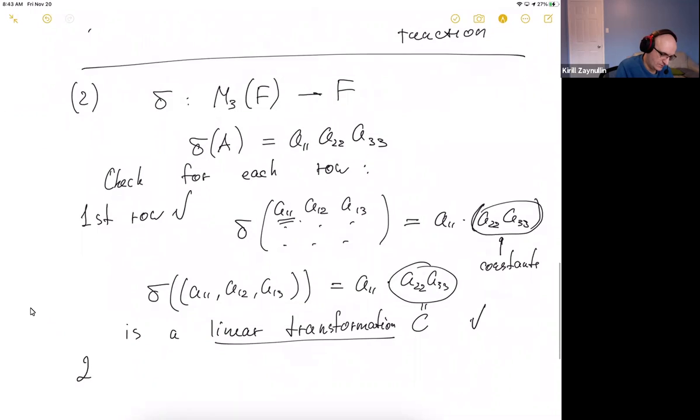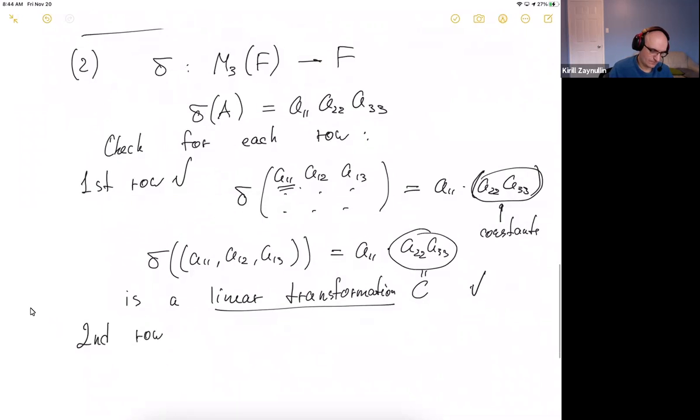Now, what about the second row? Well, you may realize that it's kind of symmetric. It doesn't really matter because it's a product of all diagonal entries. So one can see that that's okay. That's also a linear transformation.